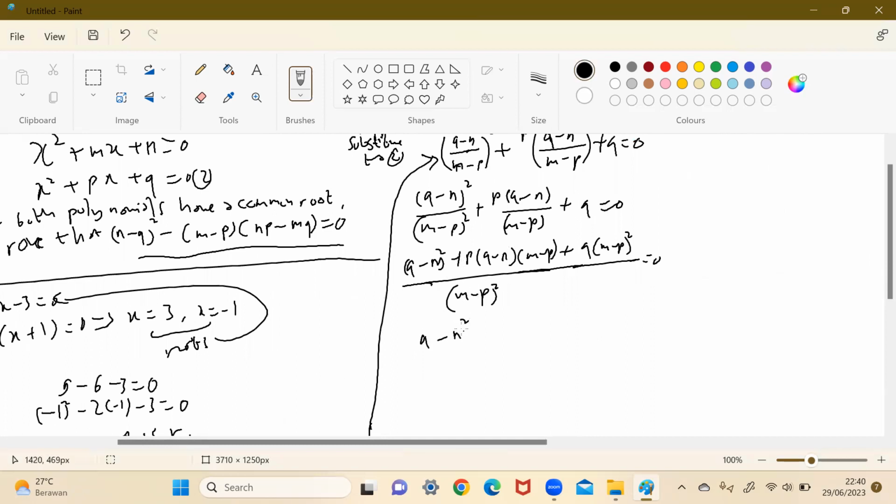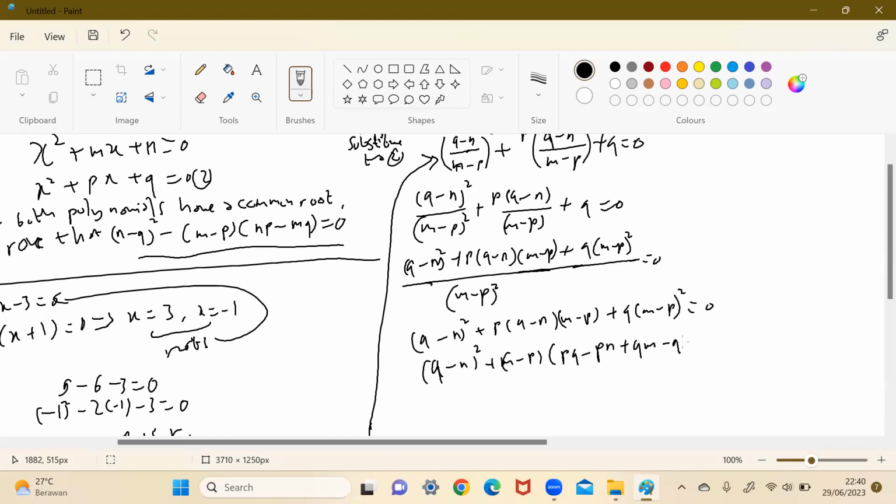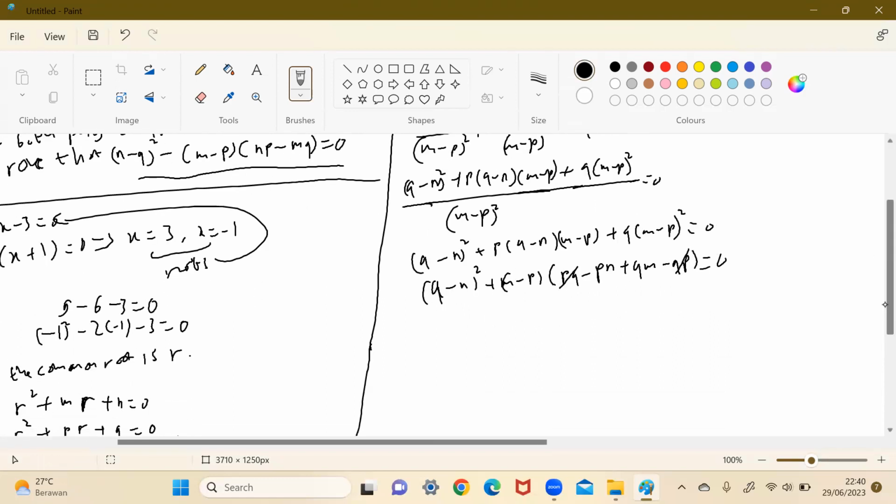So the numerator is (q minus n) squared plus p(q minus n)(m minus p) plus q(m minus p) squared, and these pq terms cancel out.